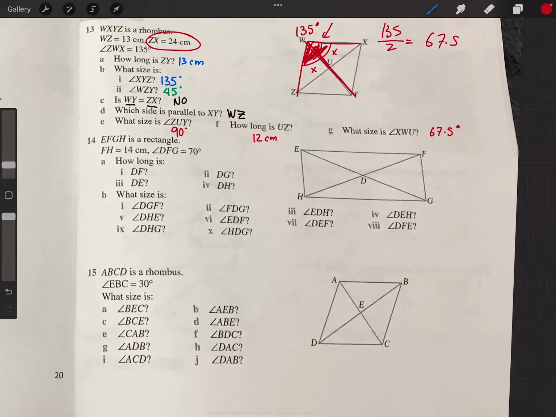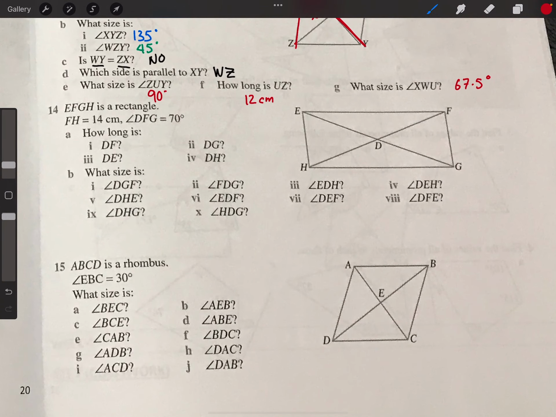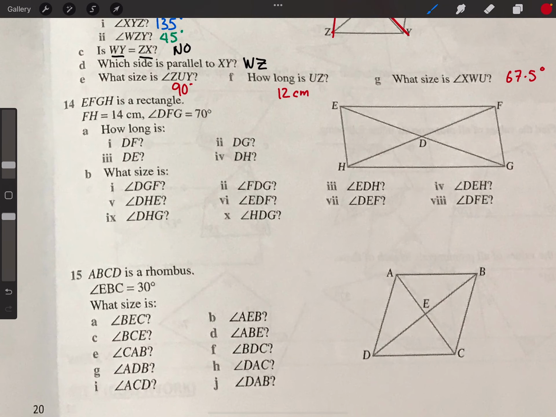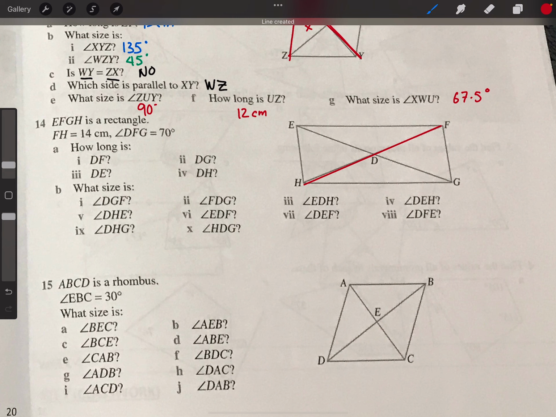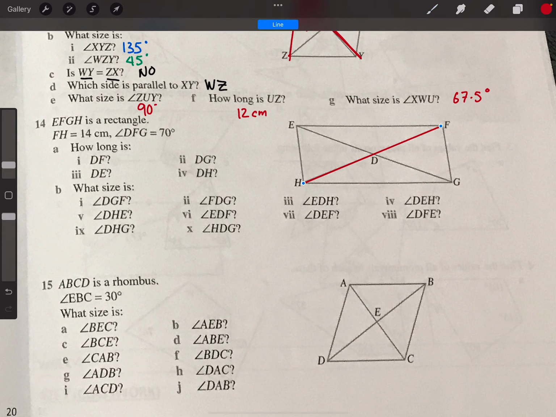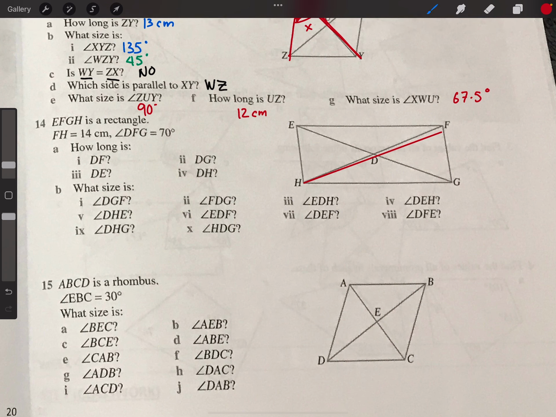Alright, we're moving on to question 14. EFG is a rectangle. Okay, even easier. How long is DF? Well, actually, let me first write in all the lengths. We have FH is 14, so FH here, this is 14 centimeters.